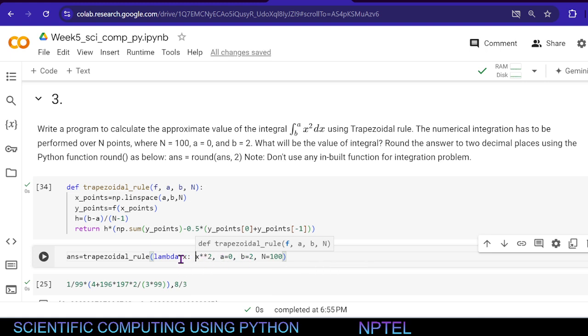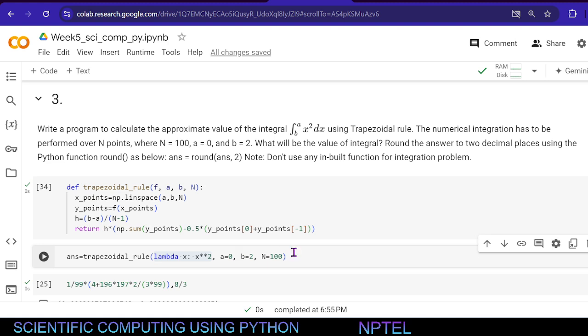So lambda x is not actually the name of the function. It's a nameless function, but we don't really care to give it a name, because we are never going to use it again. So this is the definition of the function that we are putting directly inside this function trapezoidal rule.